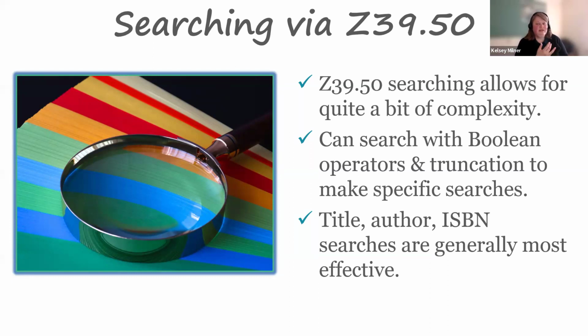So you can search on things like summaries, subjects, note fields, publisher, and even call numbers. There can be some variations between individual library catalogs in how they configure their Z39.50 and access to specific fields. This is why sometimes you might see differences in the data that is brought into SEAL from different library catalogs. For example, one library catalog might allow for searches on subject headings, while another might not.